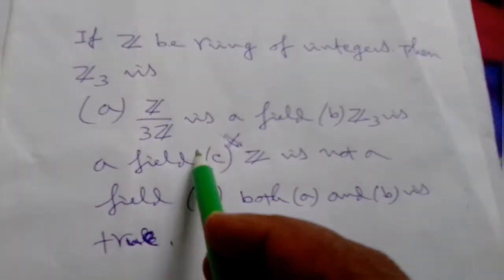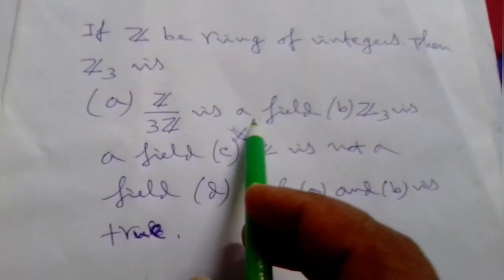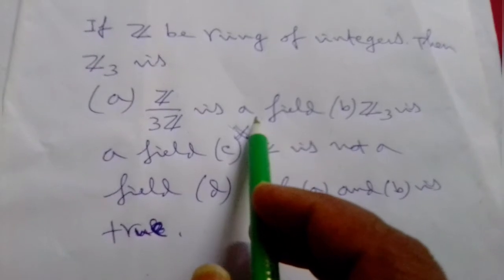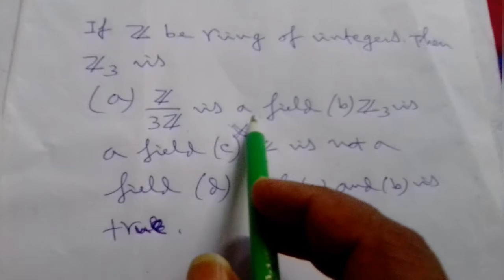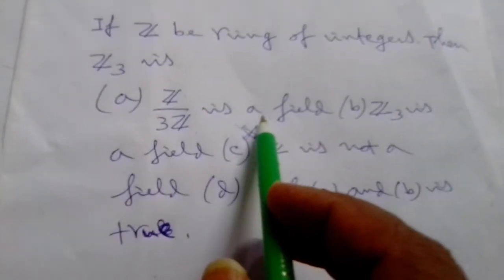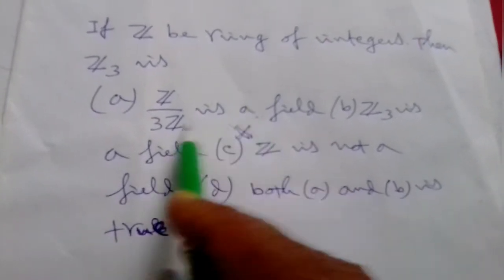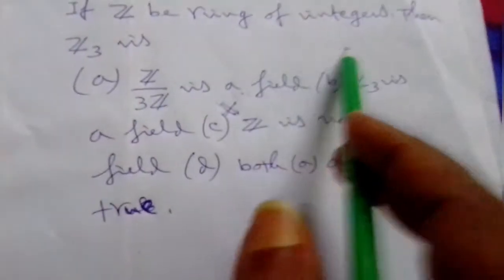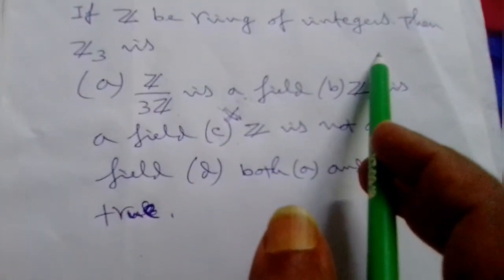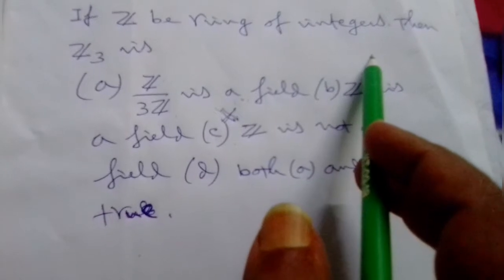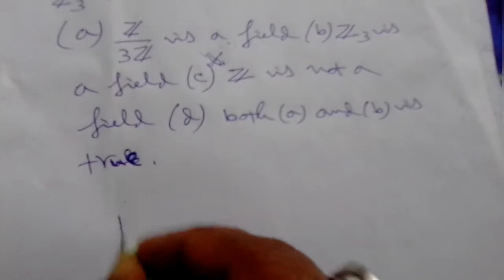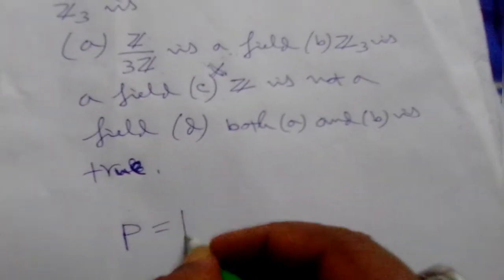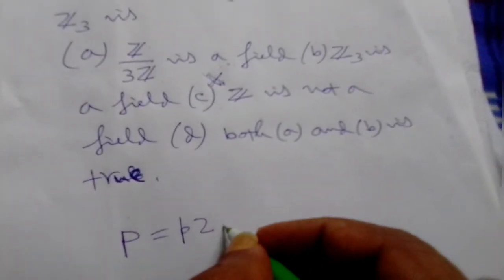Z by 3Z. What actually is it? If we consider the ring of integers theorem, that's a problem type, in the ring of integers all prime ideals are maximum. If P is a prime ideal and Z is a ring of integers, then obviously this prime P exists and we generate this ideal P, that's generated as Pz in these areas.